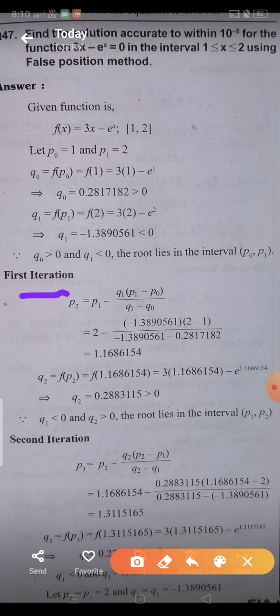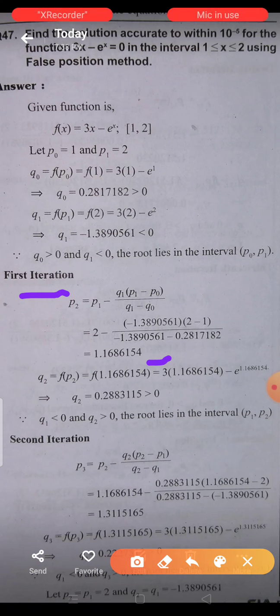P2 is equal to 2 minus minus 1.3890561 into 2 minus 1 by minus 1.3890561 minus 0.2817182. Therefore, P2 is equal to 1.1686154.